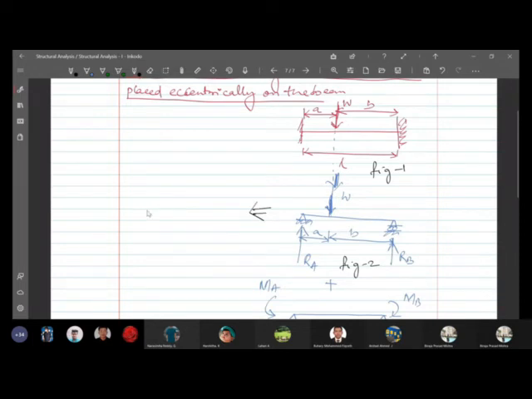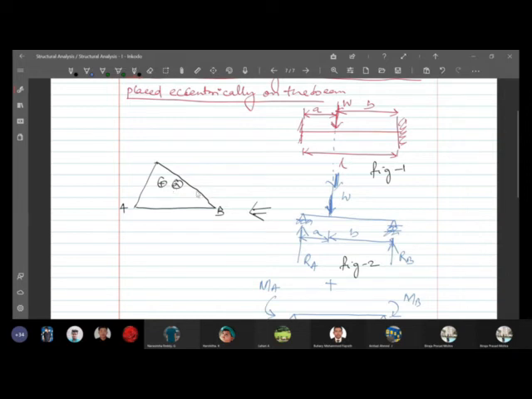So the free body diagram will be like this. This is A, this is B. This will be positive again.